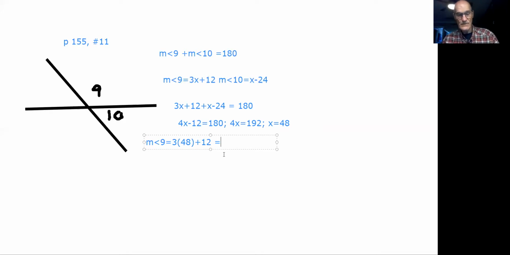So this angle is 156. And then I can come right down below it and say the measure of angle 10 is equal to x, which is 48, minus 24, which is equal to 24. Now, if I add 156 and 24, I get 180. So that's a check to see that my angles are good.